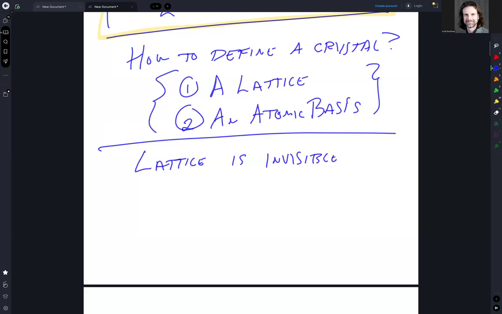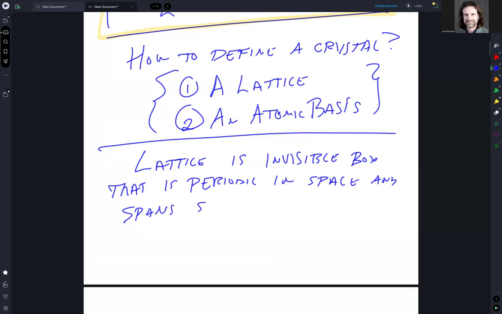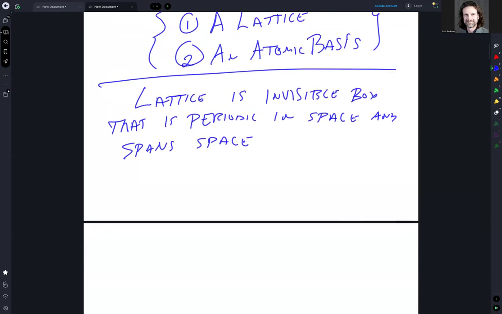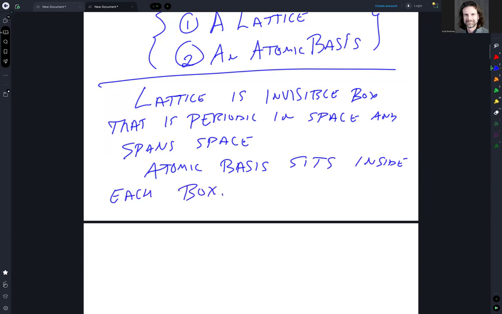And the atomic basis sits inside each box.